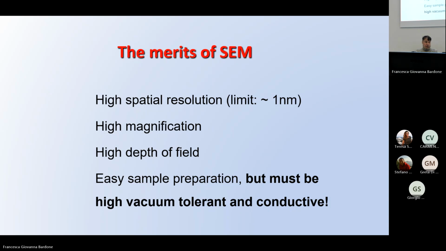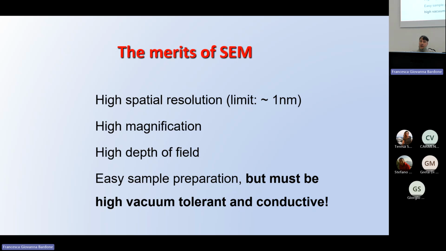The merits of the SEM. As I said, it's a high spatial resolution method. You can get topographical information down to the nanometer scale. High magnification, high depth of field. This is another physical quantity. What is the depth of field?